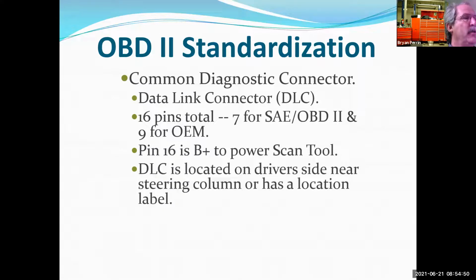The DLC is located on the driver's side near the steering column or has a label. In early OBD II vehicles, the diagnostic link connector could be anywhere from the driver's side to the middle of the passenger side. When EPA took over, they told manufacturers that in 2000, all of the diagnostic link connectors need to be on the driver's side.